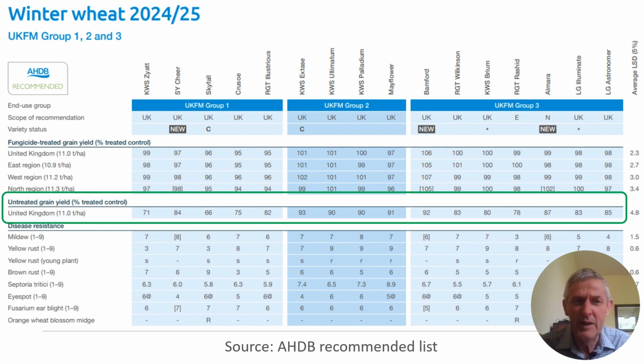That untreated yield is to a large extent derived from the level of disease resistance and escape that has been bred into these varieties, and that has improved markedly. But these values are also influenced by the degree of tolerance to disease in these different varieties. So if we pick varieties with high untreated yields, we're actually exploiting to some extent the variation in tolerance between modern varieties.